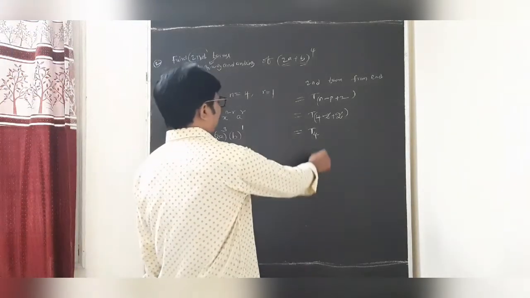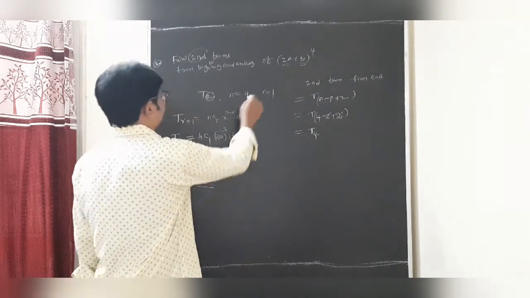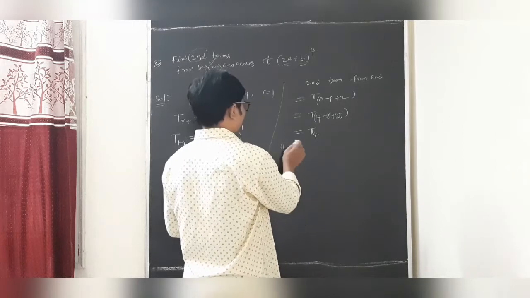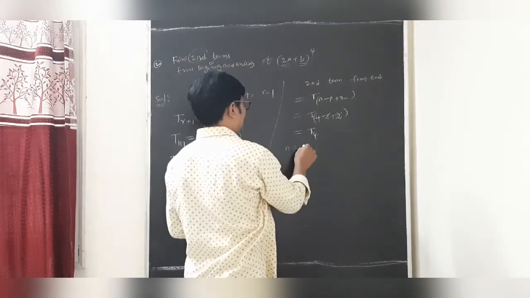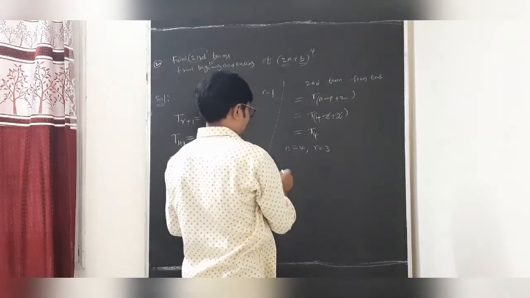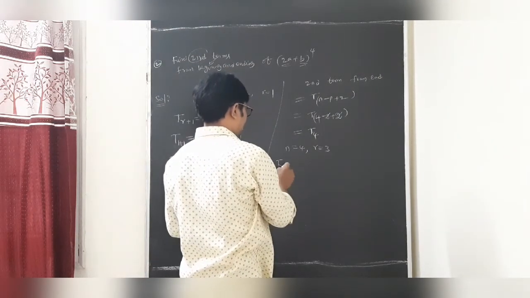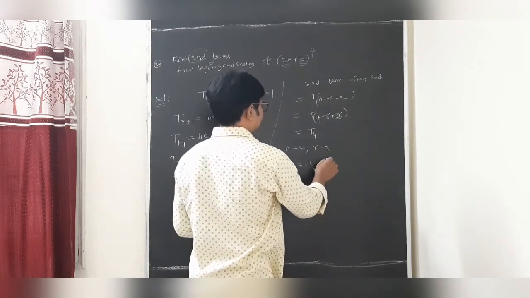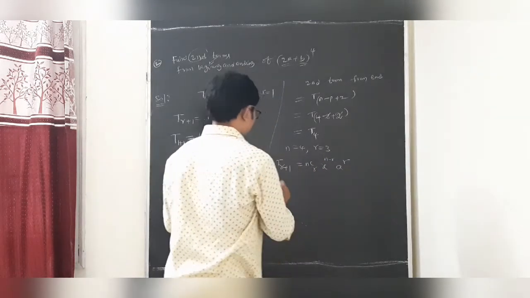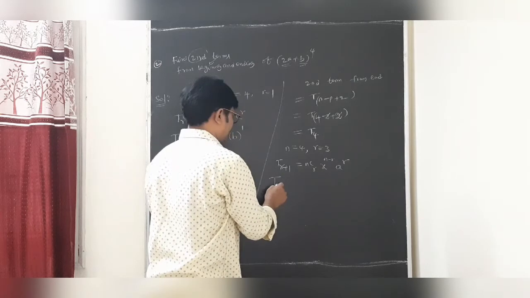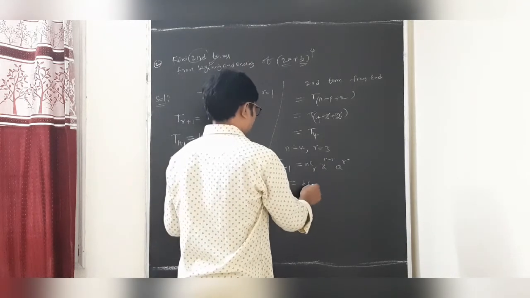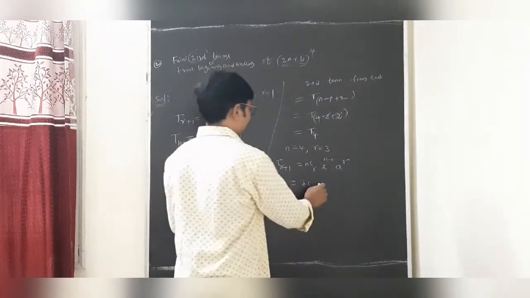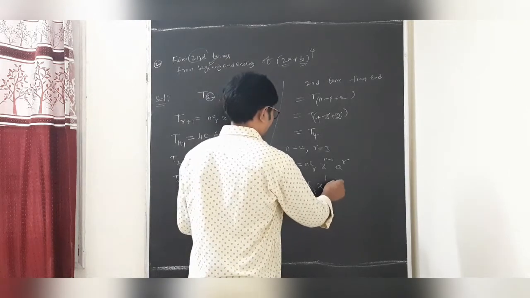So we know that right now we have to find T4. This is T2, and T4 is, how can you write? n is 4 and r is 3. That is the general term, T(r+1) equals nCr x^(n-r) a^r. Here r will be 3 plus 1, so this is 4C3. r is 3, n is 4, 4C3, x^(4-3), a^3.